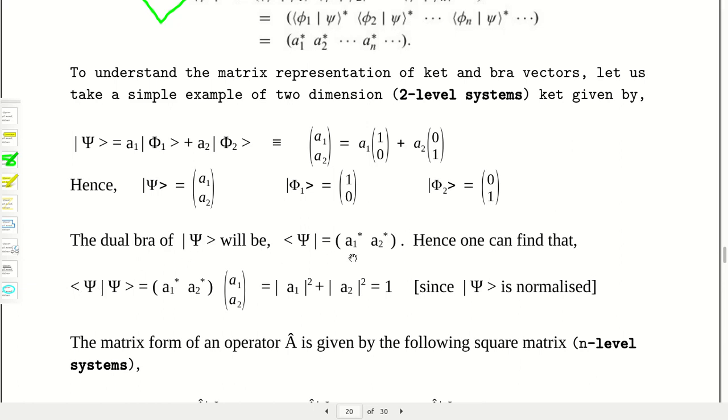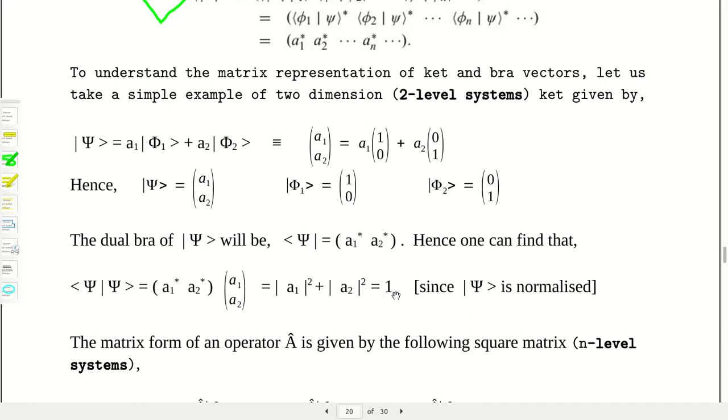Bra psi is a1 star, a2 star, and ket psi is a1 a2, so multiply them. This is a 1 cross 2 matrix, and this is a 2 cross 1 matrix, so the result will be 1 cross 1, that is a scalar. So the result will be a1 star into a1, that means mod a1 square, plus a2 star into a2, that means mod a2 square.